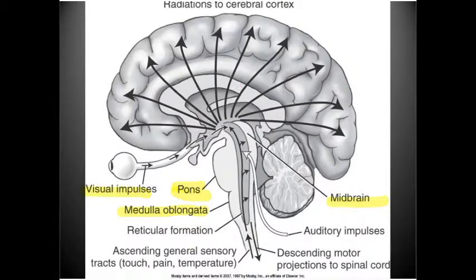So this image just kind of demonstrates to you the visual impulses, how they come in, and how they are dispersed throughout the brain. But the reason I want you to understand this image is because we're looking for the layout of the brain. Here's the pons, medulla oblongata, or the pyramid.